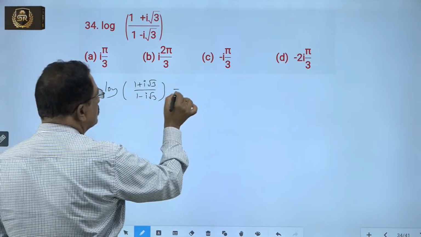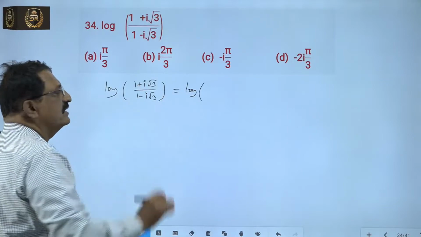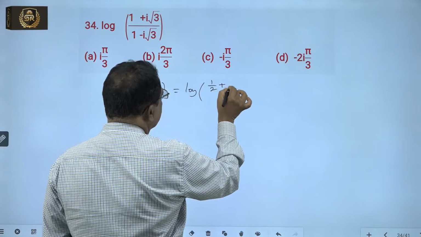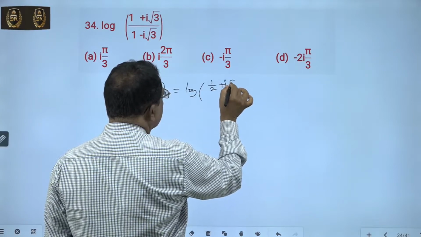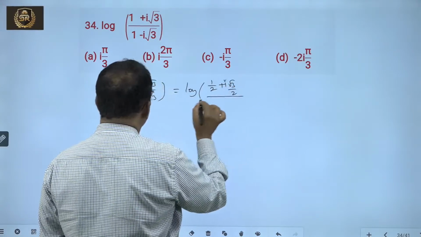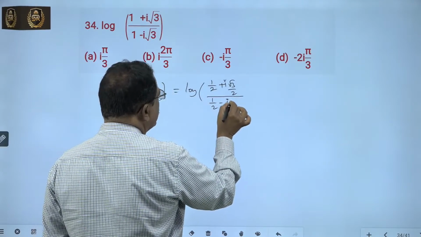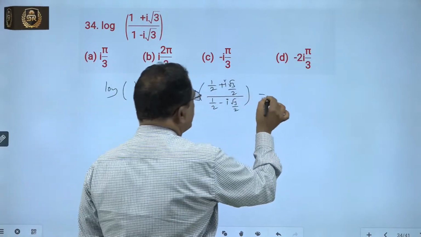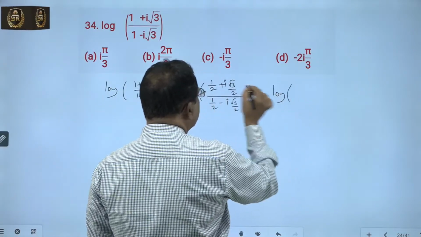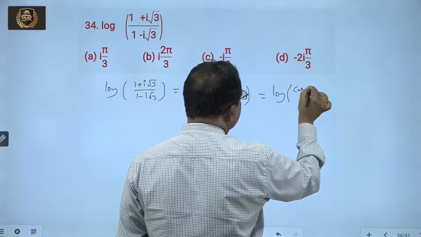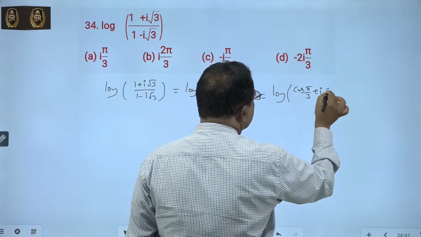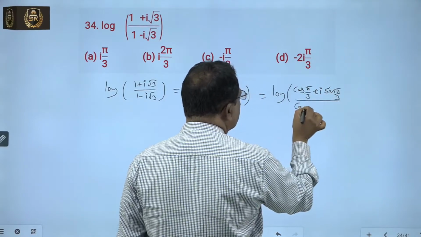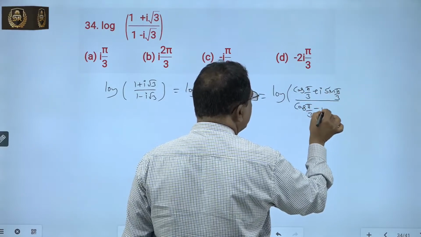Now, in the numerator and denominator divide by 2: 1 by 2 plus root 3 by 2 i by 1 by 2 minus i root 3 by 2. That equals log of cos pi by 3, cos 60 degrees value, plus i sin pi by 3, and the denominator also the same, cos pi by 3 minus i sin pi by 3.